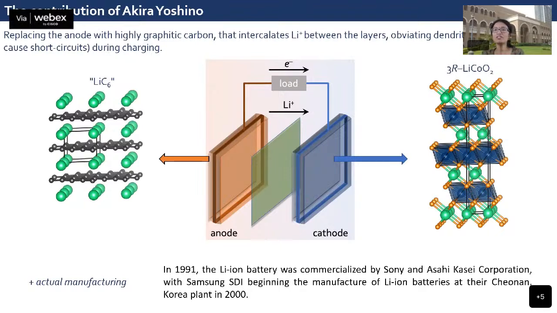This was revolutionary because it improved the stability, and then this material came to device formation. In 1991, the lithium-ion battery was commercialized by Sony and Asahi Kasei Corporation, with Samsung SDI beginning the manufacture of lithium-ion batteries at their Korea plant in the year 2000. So then lithium-ion batteries were commercialized.